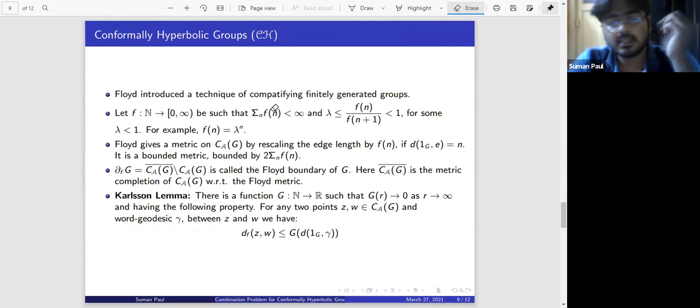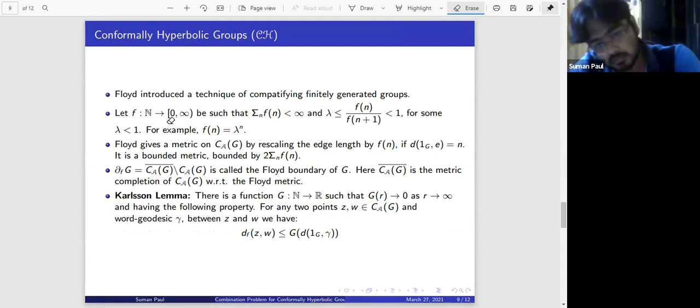So basically, what we do is take a function from the natural numbers to the non-negative real numbers, so basically we are taking sequences such that the corresponding series is summable and these properties hold for some lambda less than 1.